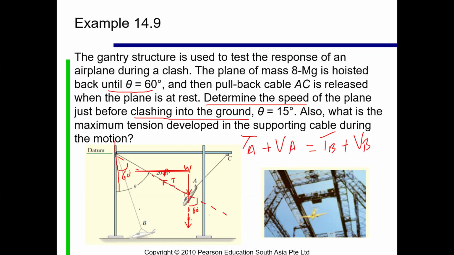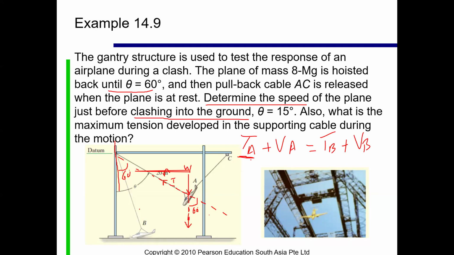Okay, now we are going to talk about the value of TA. At location A, what is the kinetic energy when it started the test?